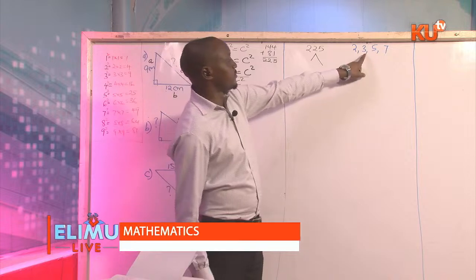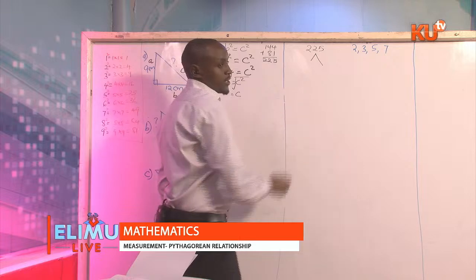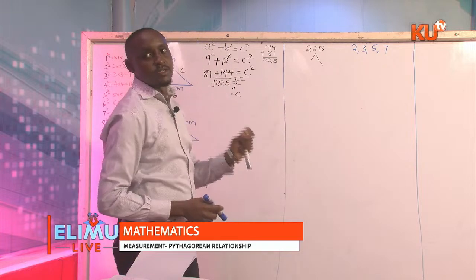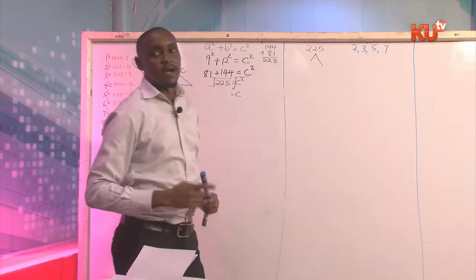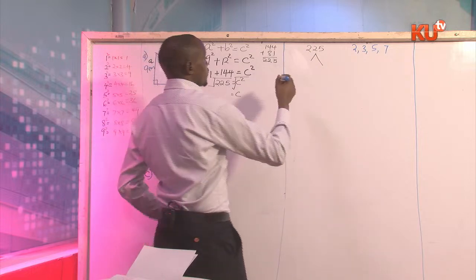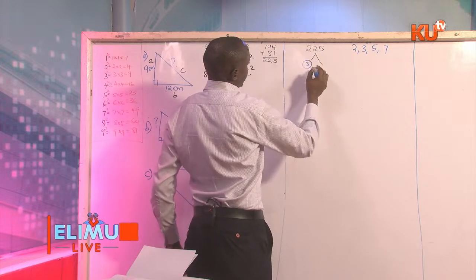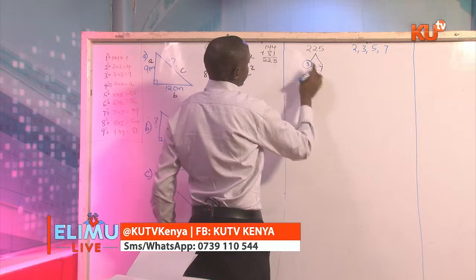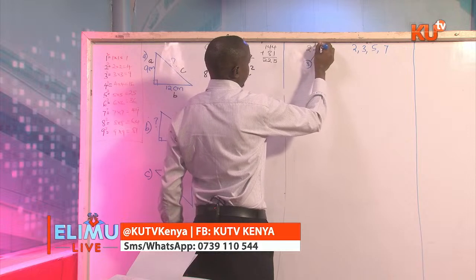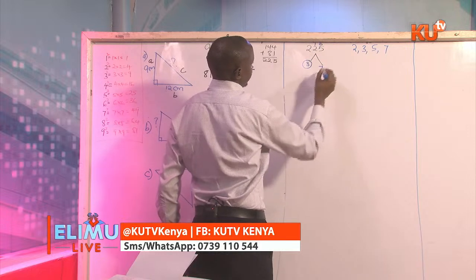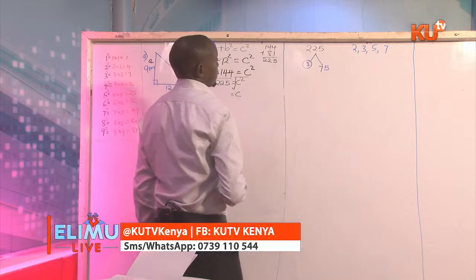So let's check the divisibility test of 3. It says that when you add the digits, the number formed should be divisible by 3. 2 plus 2 is 4, 4 plus 5 is 9, and 9 is divisible by 3, which means the entire number is divisible by 3. 225 divided by 3 is 75.